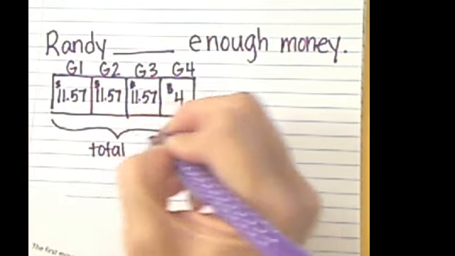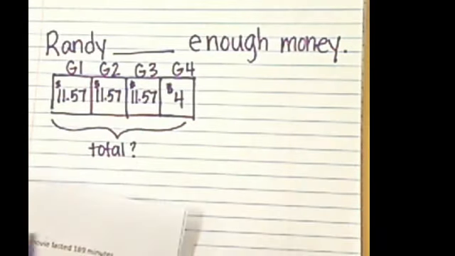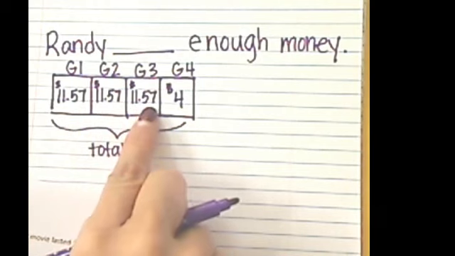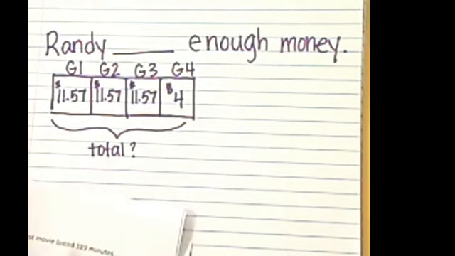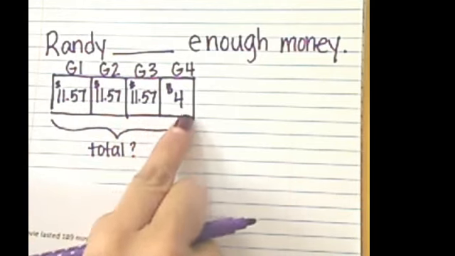How much money will he need in all? Okay. So, how are we going to find the total? From the 3 games plus the additional game. How did we find the total in the other 2 problems? We had to add them up. So let's add these together.